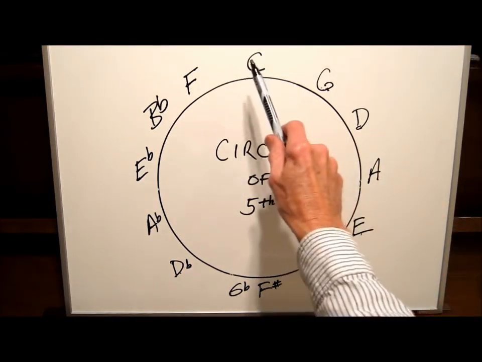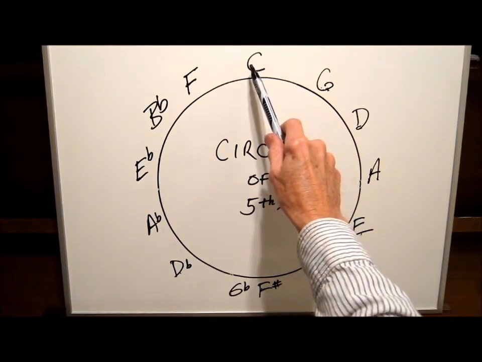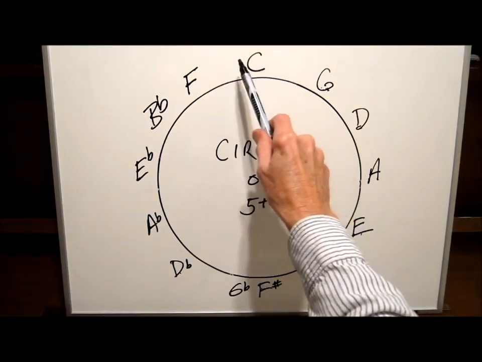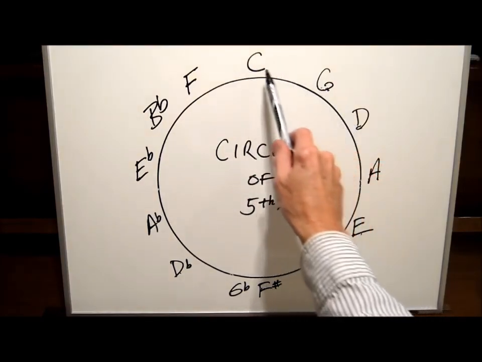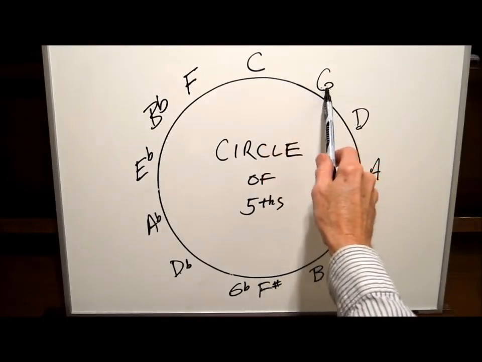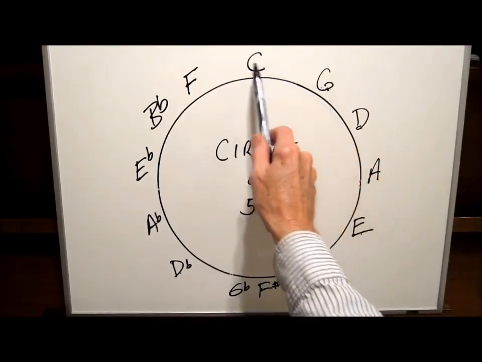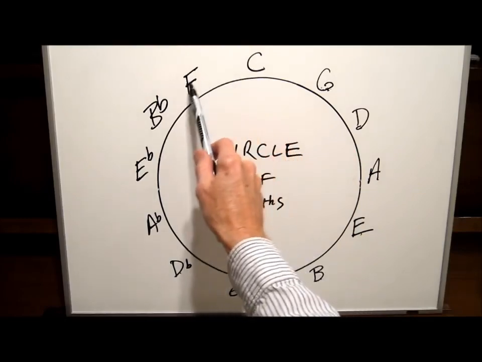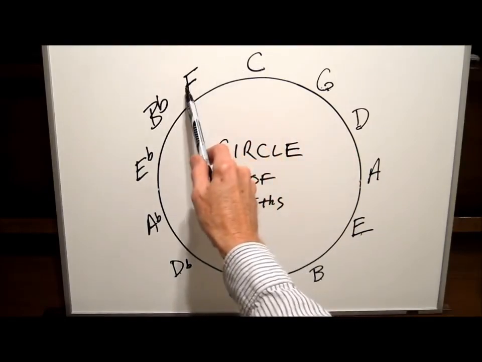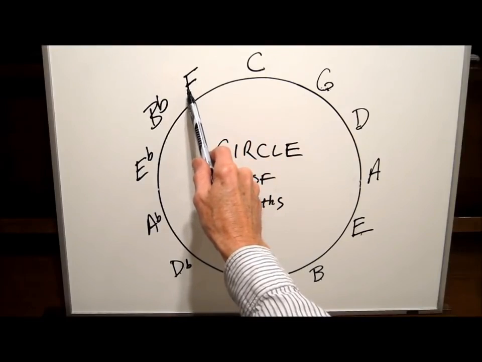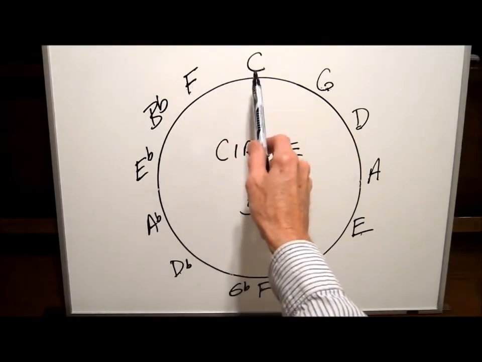And so what we have here is movement in intervals that go up a fifth. So in other words, from C to G is a perfect fifth. Or go down a perfect fifth, moving in this direction. So from C to F downward is a perfect fifth. If you look at it from the point of view of the keyboard, you'll understand that.